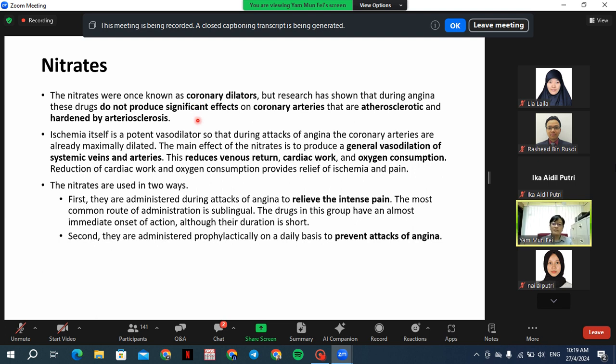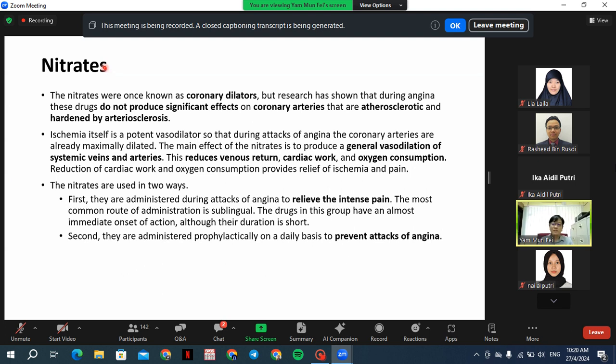But you need to bear in mind that when a blood vessel, especially the coronary artery, undergoes atherosclerosis, if you use nitrate, there's no more dilation. Why? Atherosclerosis is a degeneration process.